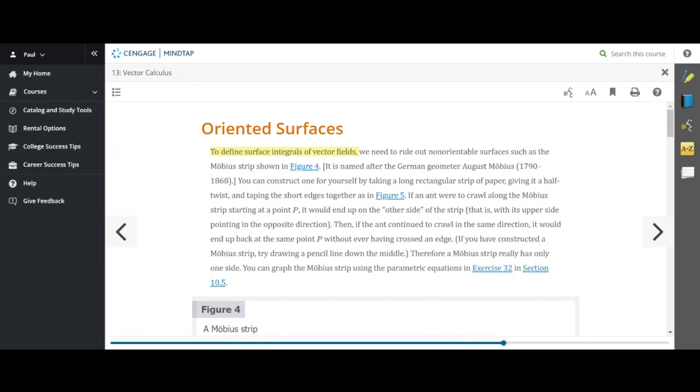Okay, so we can talk similarly about surfaces.